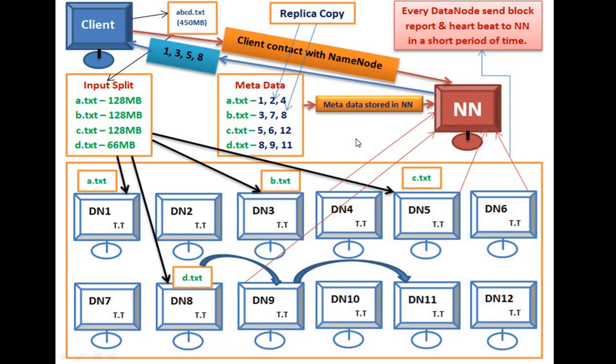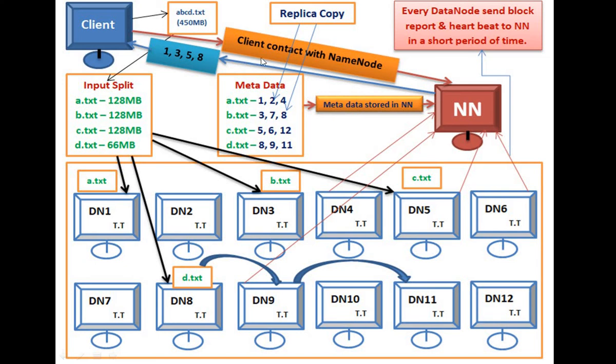In this way, the client can store their data onto DataNodes. When the client comes for processing, he again contacts the NameNode: hey NameNode, this is the file abcd.txt I stored on the HDFS, now I need this file.